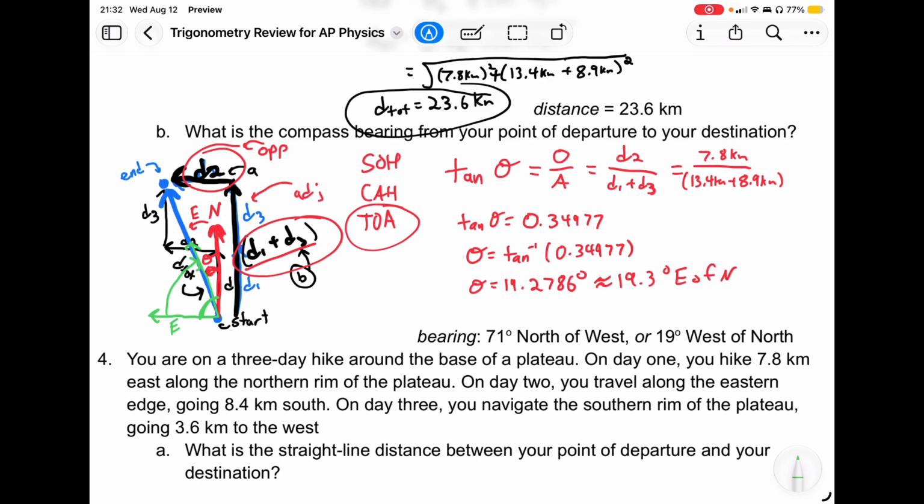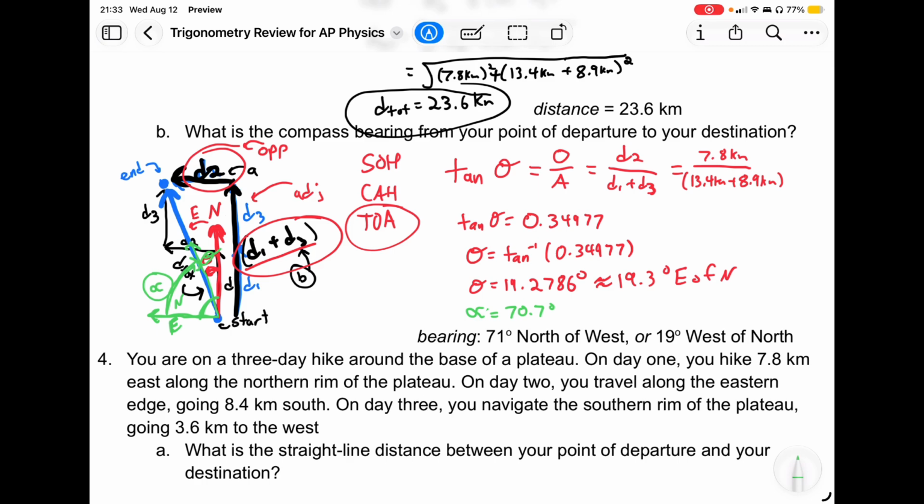So if we add those two angles together, and we can call this one alpha, they should add up to 90 degrees. So for our alpha, we want to take 19.3 degrees away from 90 degrees. So another way to say our angle would be 90 minus 19.3, or 70.7 degrees. And that again would be starting east and then going north of east.